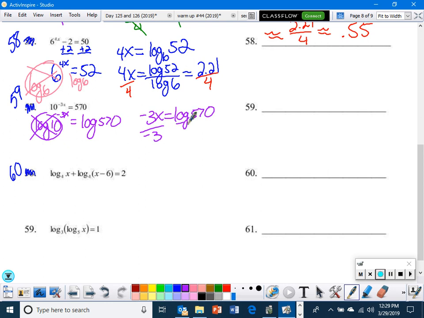Divide by negative 3. So x equals log of 570 divided by negative 3, which is approximately negative 0.92. All right. We're getting there, folks. We're getting there.